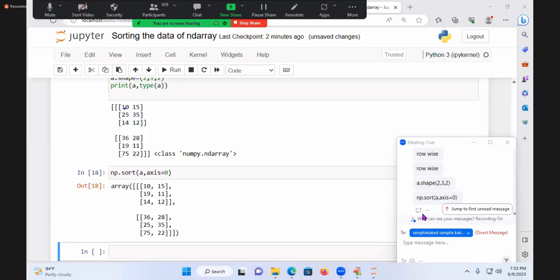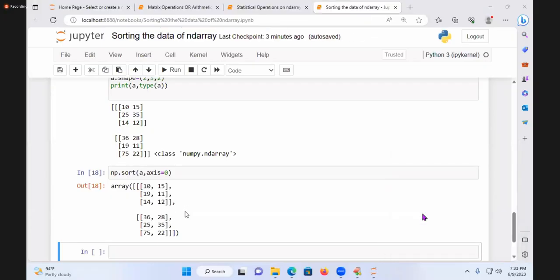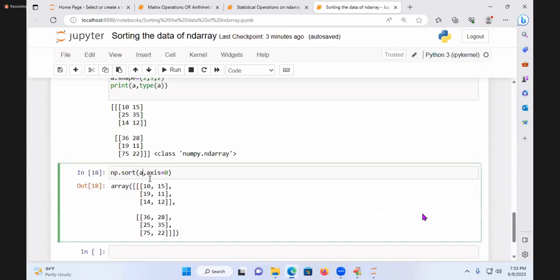So here 10, 10, 14, 19. Okay, one minute. 10, okay, it's something different. Matrix column is sorted. np.sort of A, axis equal to 0.